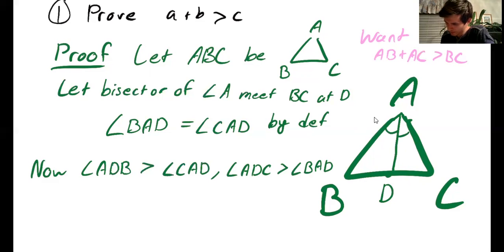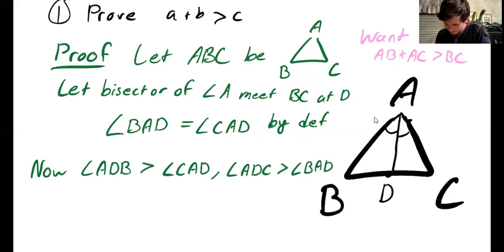Now, I'm going to make this a different color so it doesn't confuse. Make that black. Now we have two different angles that are bigger than the others, and that's because of the exterior angles.